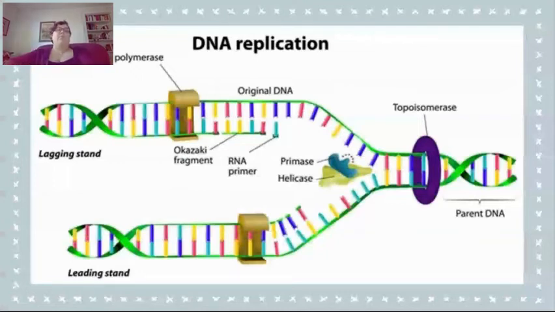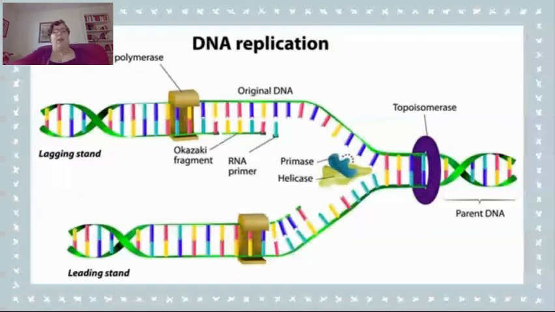Well, those sugars, they're directional, meaning they point in one direction on this side and in the other direction on this side. I'm going to put in a diagram in a minute to show you what I mean. So if that doesn't make sense to you yet, hang tight. But DNA polymerase can only run in one direction.